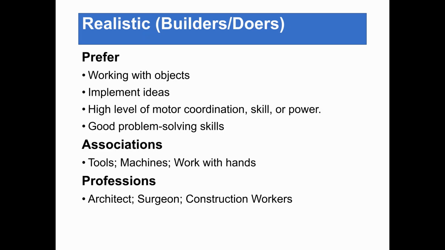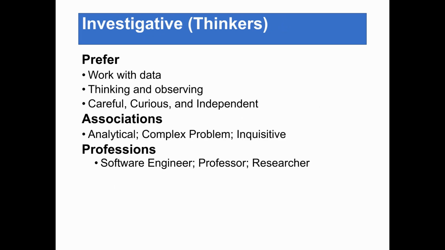If you think of a surgeon and a construction worker, you feel that these professions are really far apart. But we are thinking in terms of this vocational theme. The builders can be good problem solvers. They want to work with objects and implement their ideas.